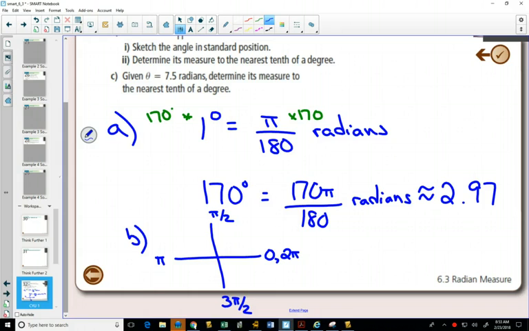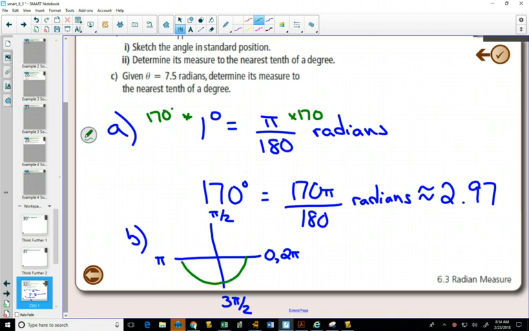So now we're thinking about sketching negative 12 pi over 11. First of all, if you just think about the fraction in front, negative 12 over 11, can you see that that's more than 1? Negative 12 over 11 is like 1 and 1/11, a little bit more than 1. So if we want to go negative 12 pi over 11, for 1, you're going to be going in the negative direction.